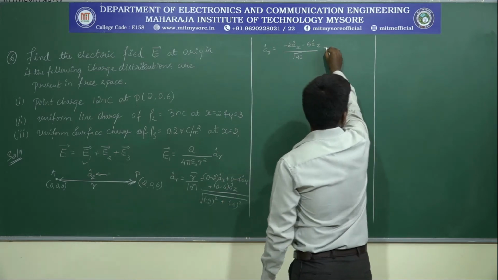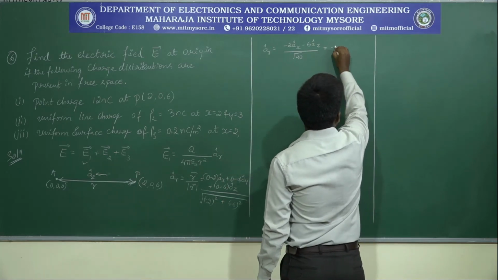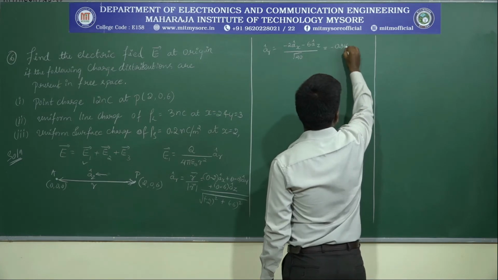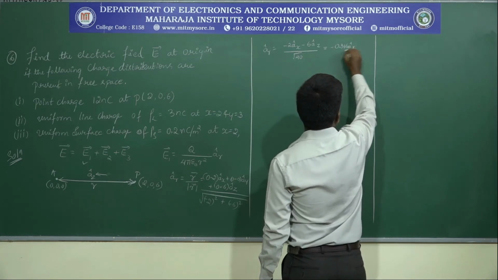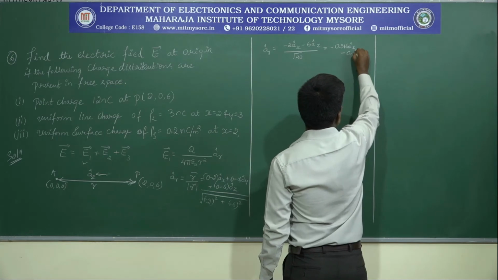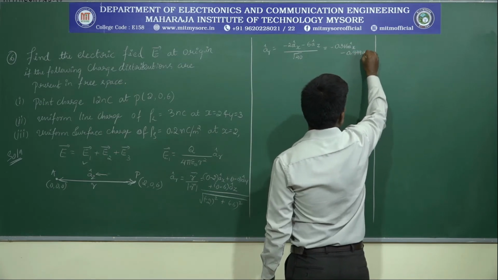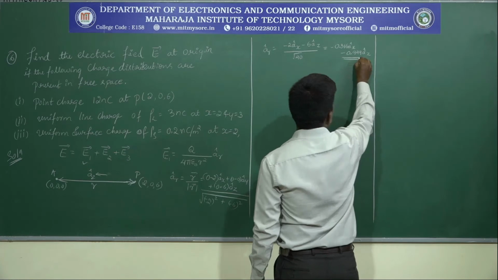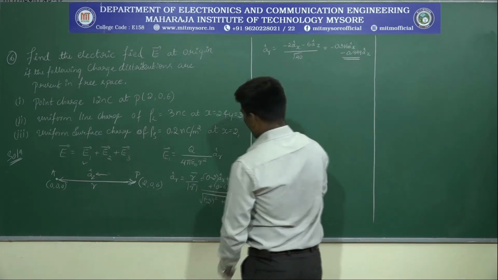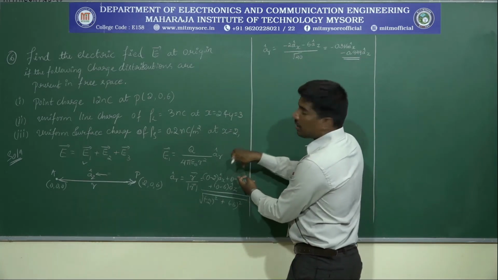If we solve this, what we get is minus 0.316 a cap x minus 0.949 a cap z. This is the unit vector we have got. Now substitute this unit vector into the equation.